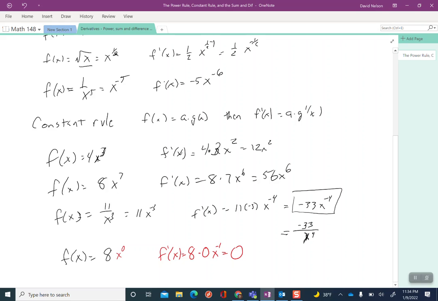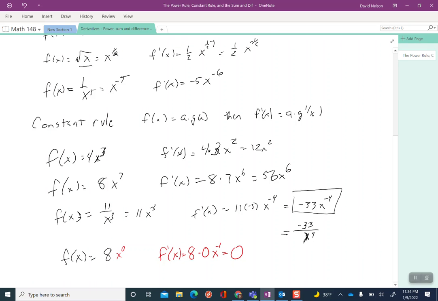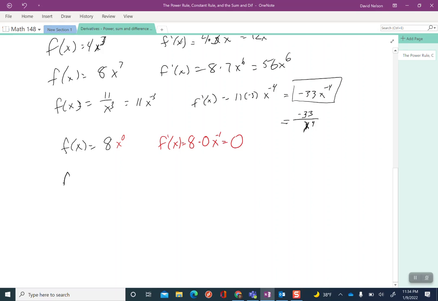And we can do something similar if you've got, let's go back to black here, f of x is equal to 11x. Then f prime of x would be 11 times 1x to the 0, because this is x to the first power. So we're going to multiply by 1 and then lower the power by 1.